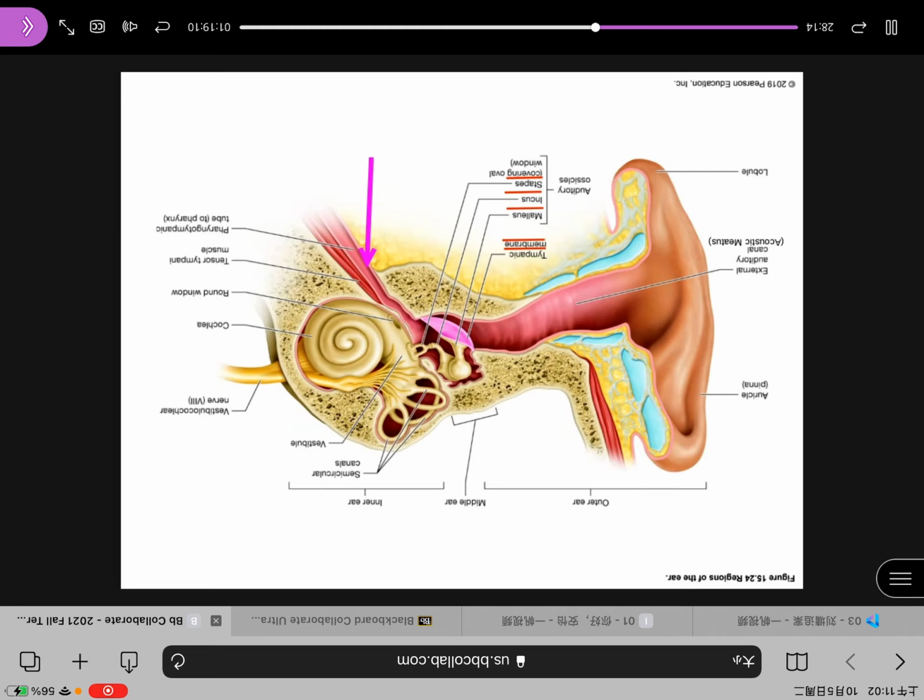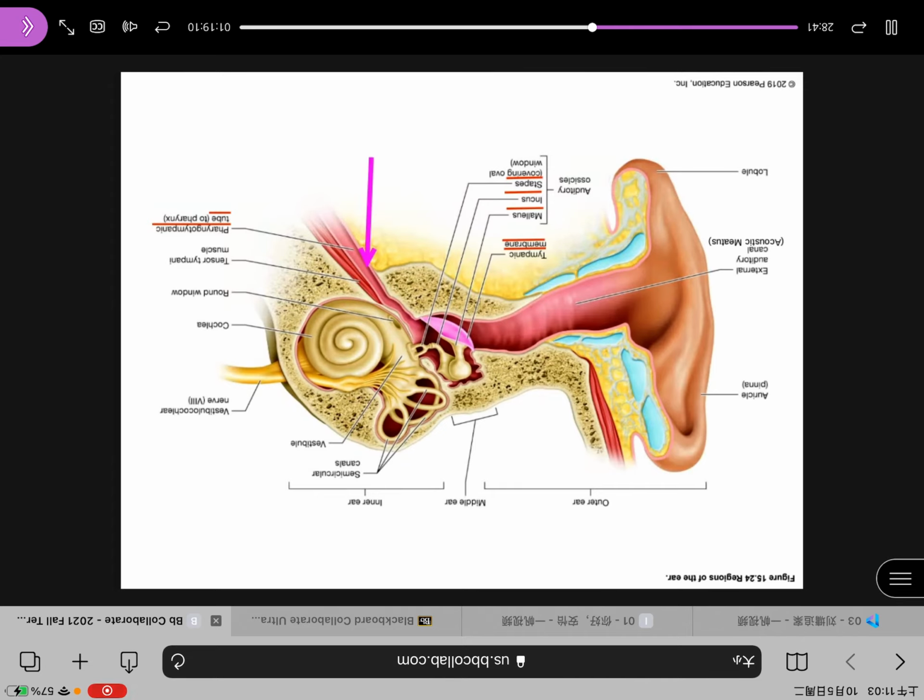This is the tube, by the way. Make sure that you name this tube right, not anything else like a canal or channel, but a tube to be specific. It communicates your middle ear, which is sometimes called the tympanic cavity, to your pharynx, to your throat.